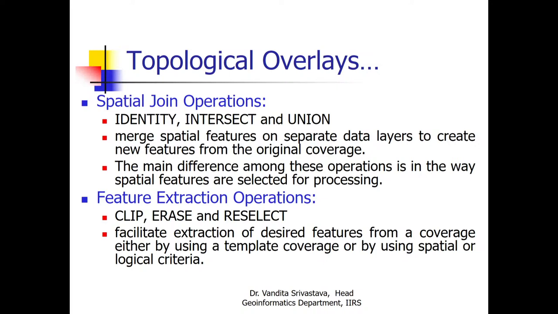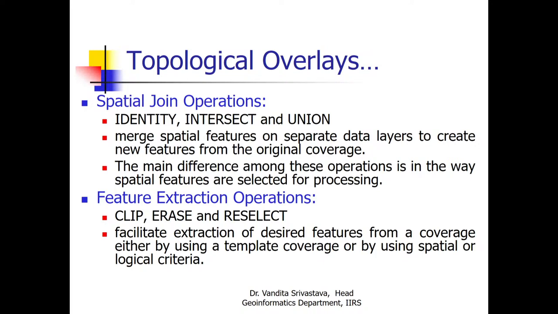In case of identity, it is similar to the clip operation, but a little different. Or maybe you can say it is similar to union and intersection, but the extent of the input layer is preserved. Only that portion of the overlay or the identity layer is copied which is inside the input layer.